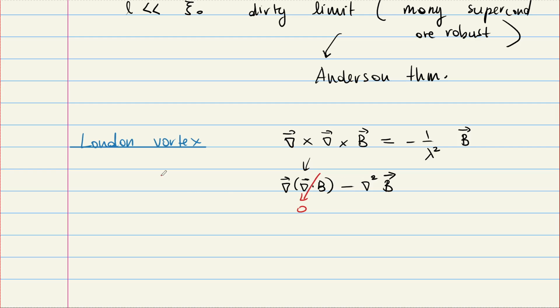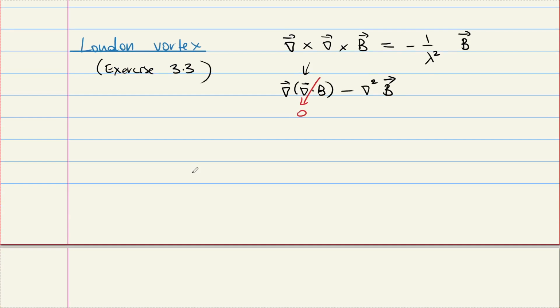By the way, if you want to see the details about this, you can look at exercise 3.3 from the book by James Annett. Therefore, the equation we need to solve is del squared B is equal to minus 1 over lambda squared B.